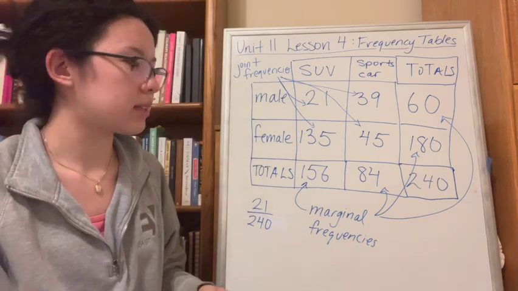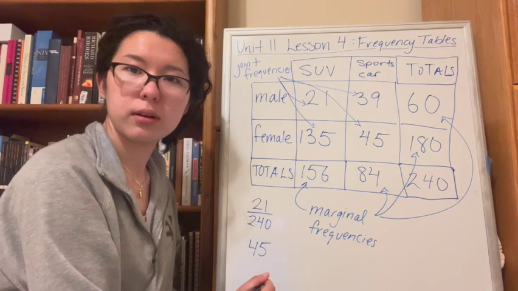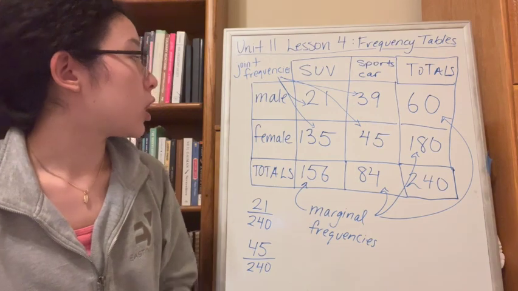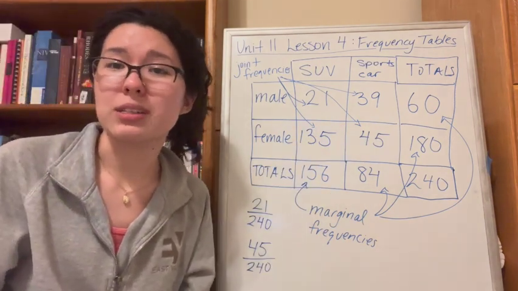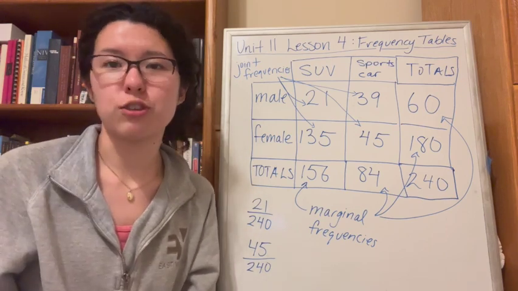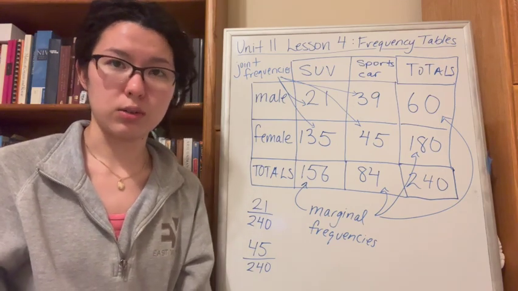In the same way, saying 45 out of 240 people were women who like sports cars is an okay statement. It helps you understand something, but it's so much more powerful to say 19% of people were women who liked sports cars. So we're going to work on how to do that.